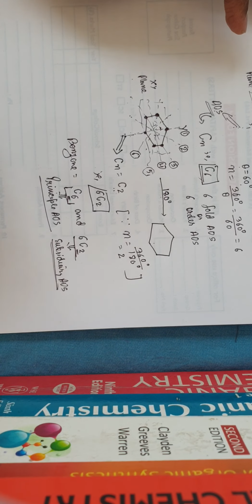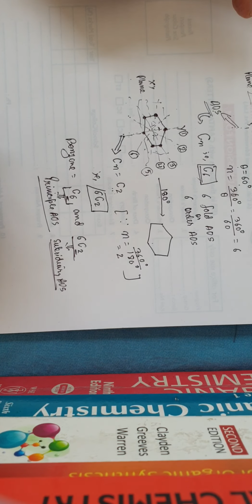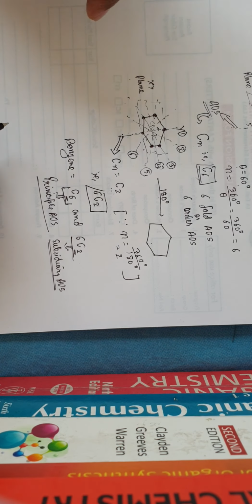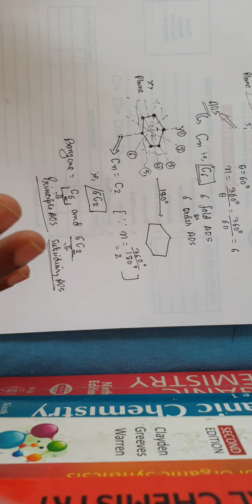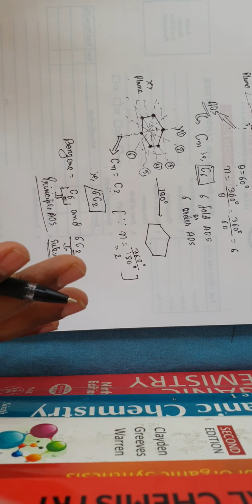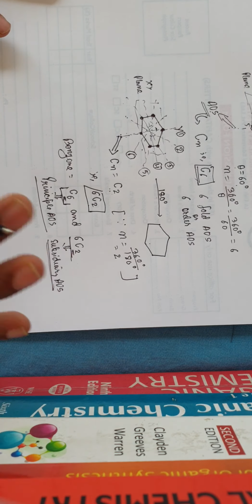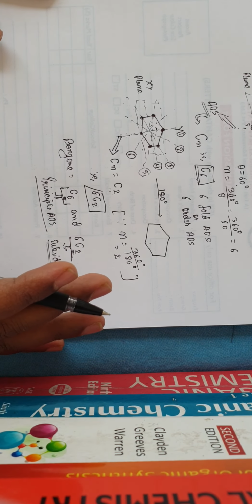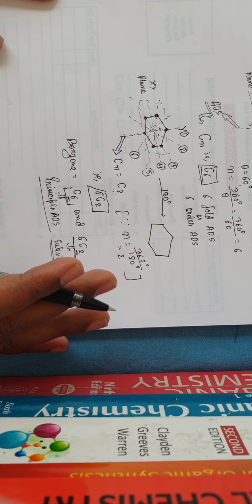Okay guys, I think it would be quite clear to you what an axis of symmetry is, and for understanding it is enough. If you find any doubt in the molecule, then you can ask.